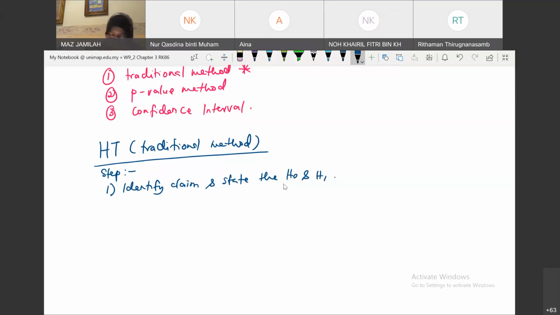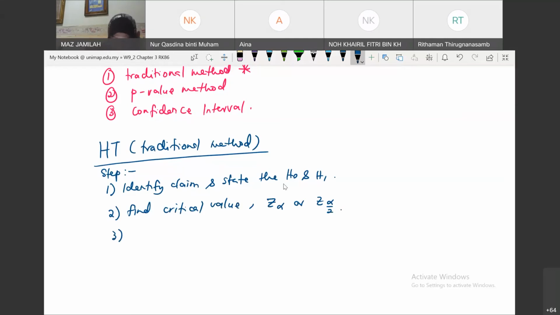You should have your null H0, your H1, and which statement is your claim. Number 2, you will have to find your critical value, which refers to your Z alpha or Z alpha over 2.